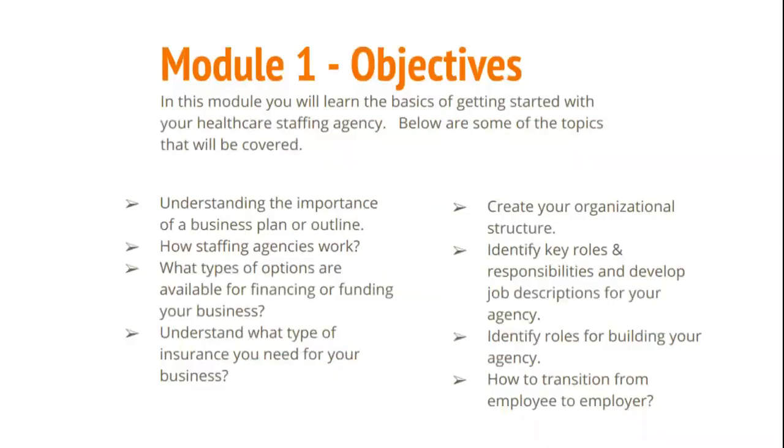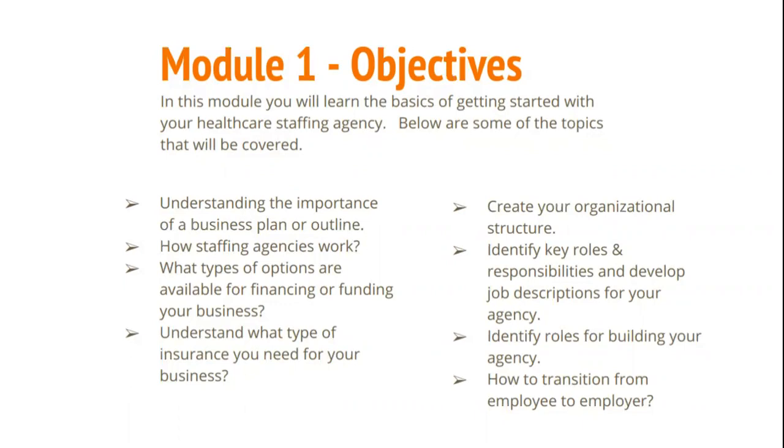So for this particular module, our objective is to learn the basics of getting started with your healthcare staffing agency. So some of the topics we'll cover include the importance of a business plan or outline. We'll talk about how staffing agencies work, as well as what types of options you have available for financing and funding for your business. Get an understanding of what types of insurance you'll need for your agency.